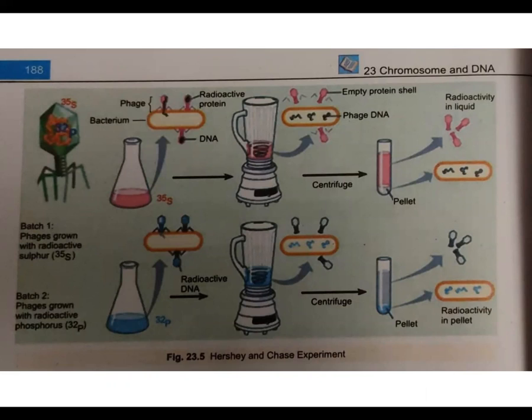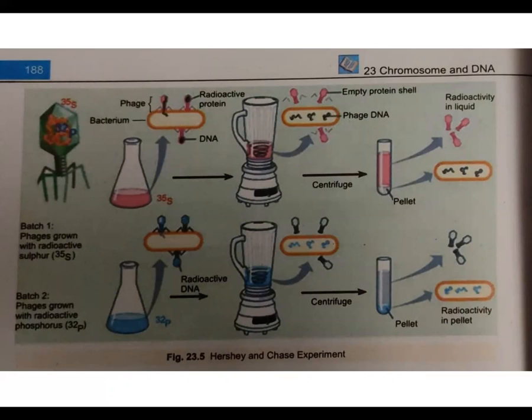When they multiplied up to a good number, they were then centrifuged to separate the contents of bacteria from the medium. And when the bacteria were analyzed, it was observed that the empty protein shells just remained outside, and since the sulfur was labeled in the protein shells, no sulfur was detected within the bacterial cell, but P32 was definitely seen within the bacterium, because those were the molecules which got incorporated into the bacterial cell and multiplied in number, resulting in death of the host.